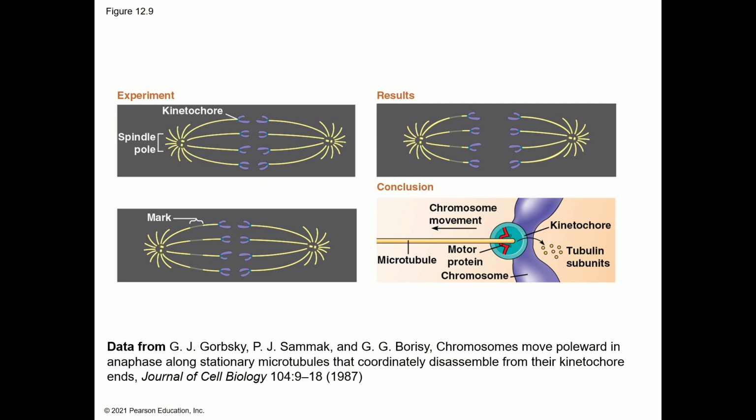Conclusion: chromosome movement occurs from the kinetochore toward the spindle pole along those microtubules. And we have our motor protein pulling that chromosome along, and slowly breaking apart that microtubule into tubulin subunits as it's pulling that chromosome along.